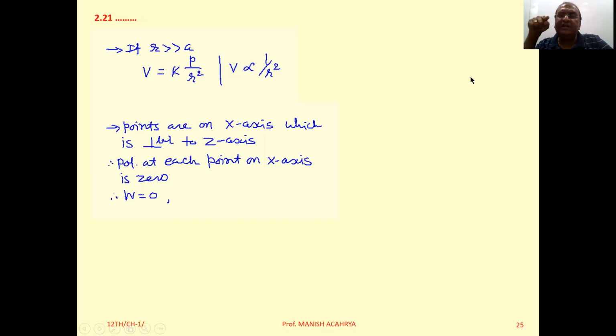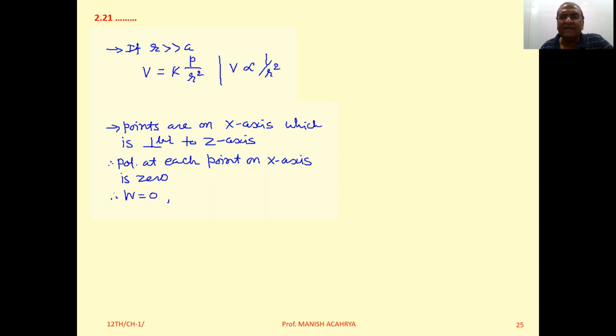So the potential at each point on the x-axis will be 0, and therefore the work done to move any test charge from one point to another is q into delta V, but delta V, the potential difference, is 0.